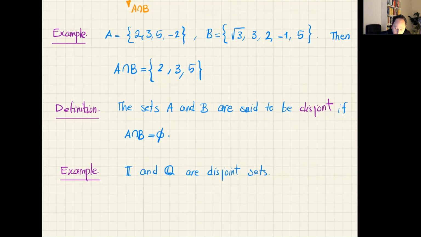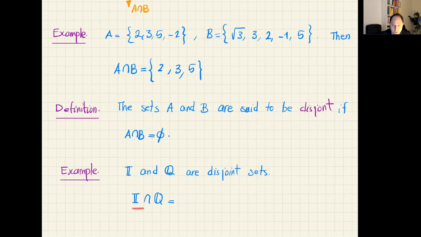Why? Because if I intersect I with the rational numbers, by the definition of irrational, an irrational number is a number which is not rational. So you cannot find something in common between these two sets by the definition of the irrational. So this becomes equal to empty.